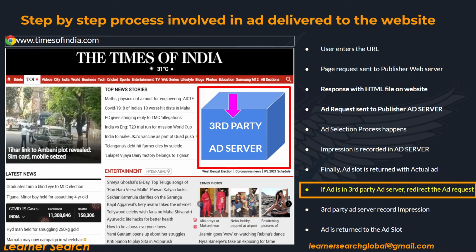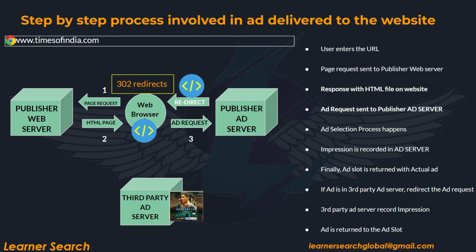We call these redirects 302 redirects, which tell the browser that the page has been temporarily moved. It helps the ad server to record an impression in its database.